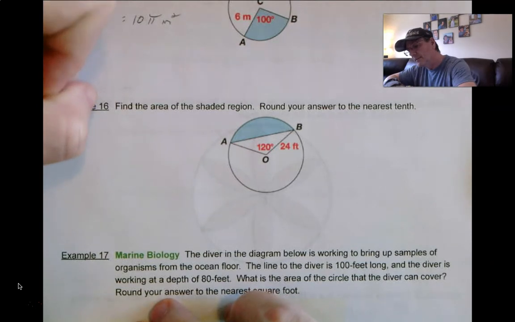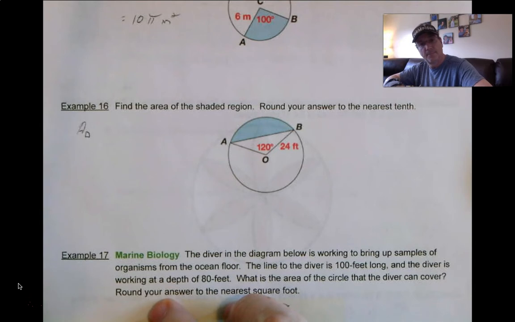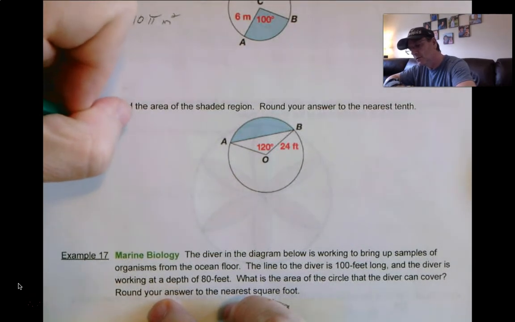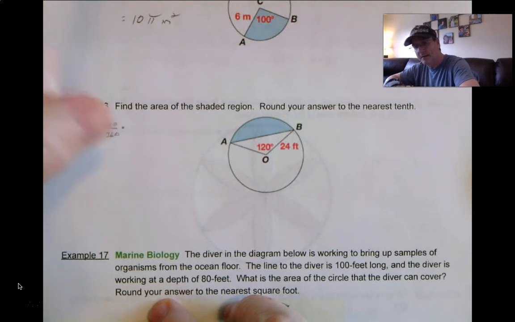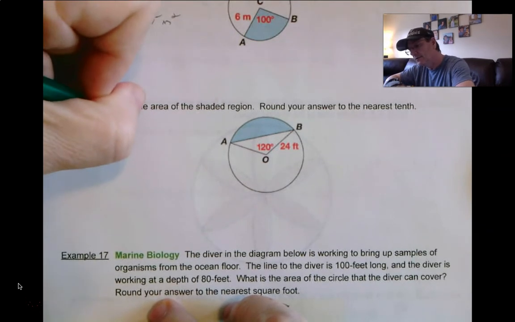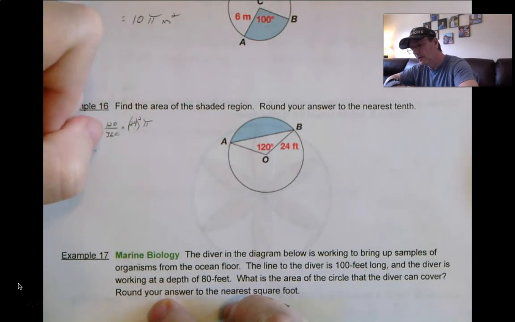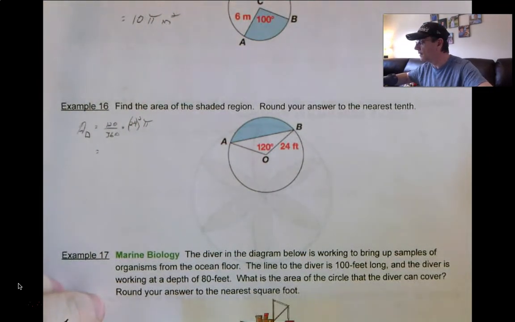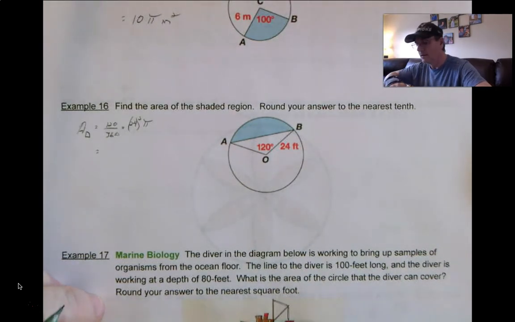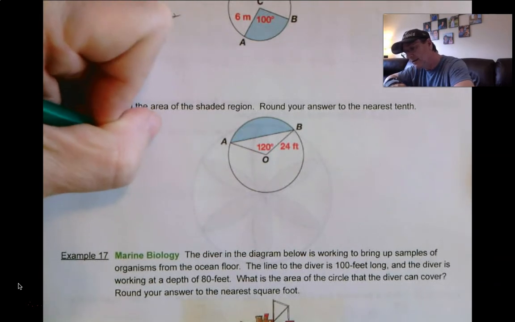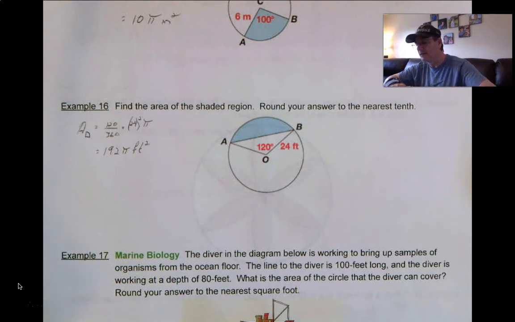So let's find the area of the sector, which is equal to 120 over 360, 1/3, times the area, which is 24 squared pi. 24 squared is 576, and 1/3 of that is 192 pi feet squared. So that's the area of the sector.